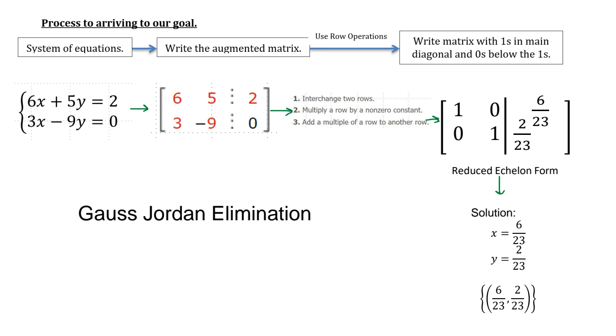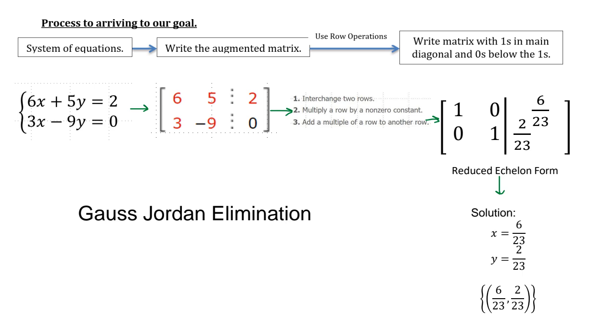Since this is a 2 by 2 matrix, the identity is 1 0 0 1. The process of converting this left side into 1 0 0 1 is called reduced echelon form. We're going to do row operations in order to get the solutions.